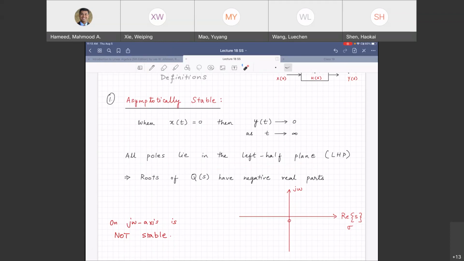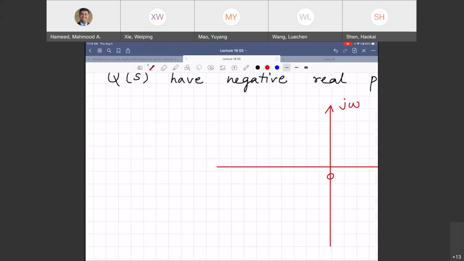For asymptotically stable systems, the poles are in the left half plane.